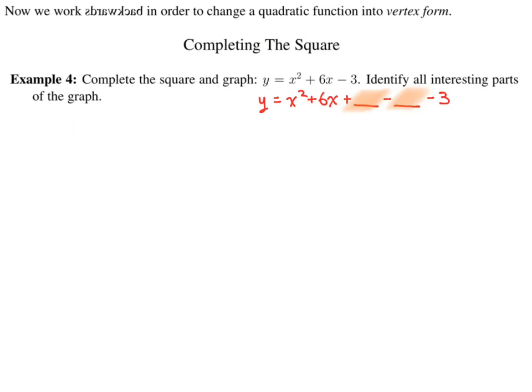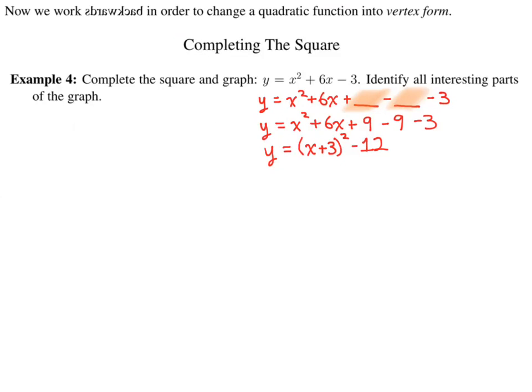It's kind of amazing. So here's what I'm thinking. You take that 6x, and if you make those somethings into 9, then, well, check this out. You have x plus 3 squared.